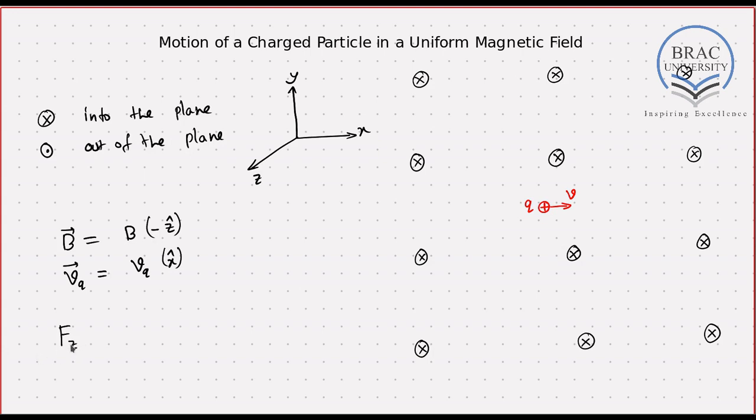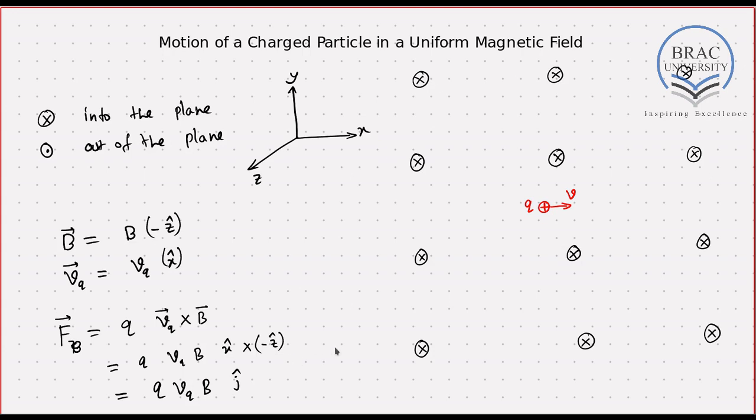F sub b, the force due to a magnetic field, is q v cross B. That's the formula, and if you apply our cross product rule, you find that you have q times v sub q times B, x hat cross minus z hat.